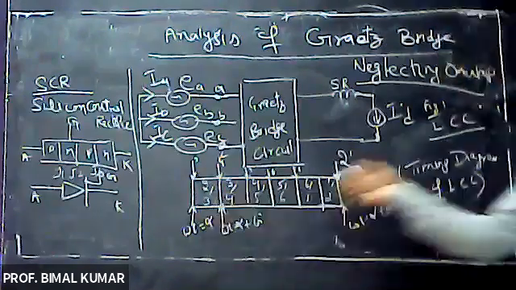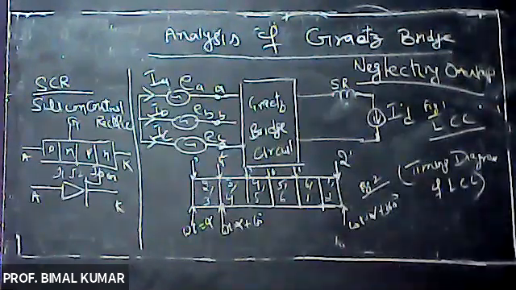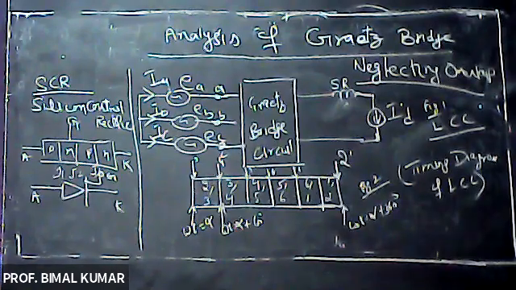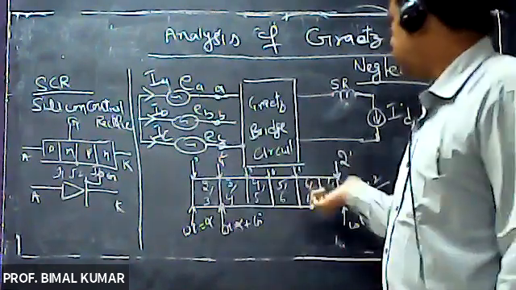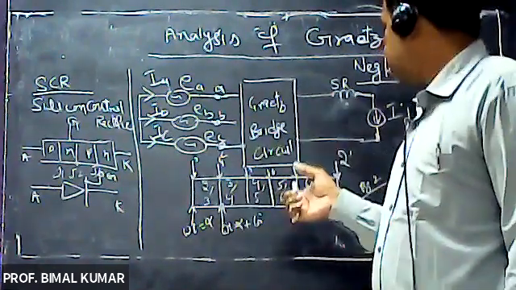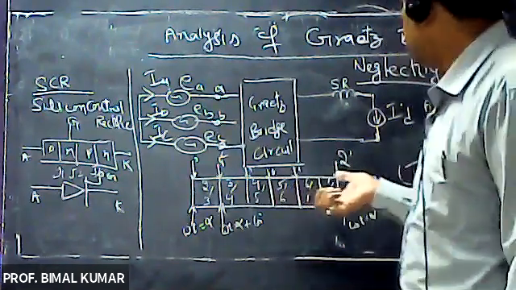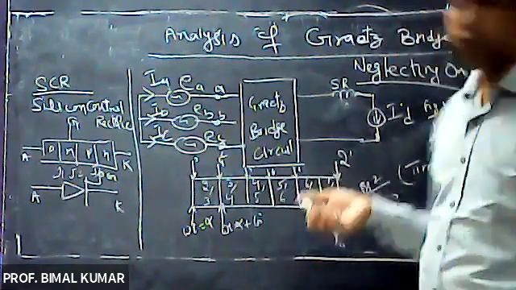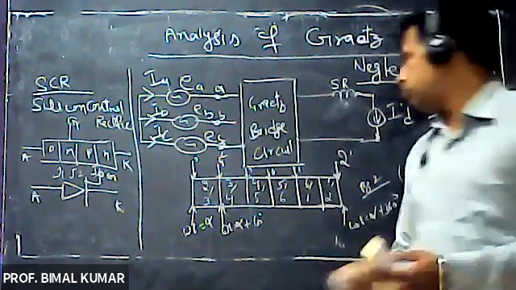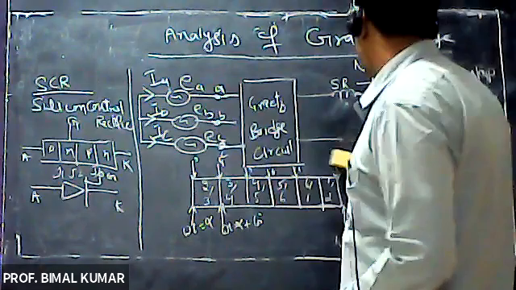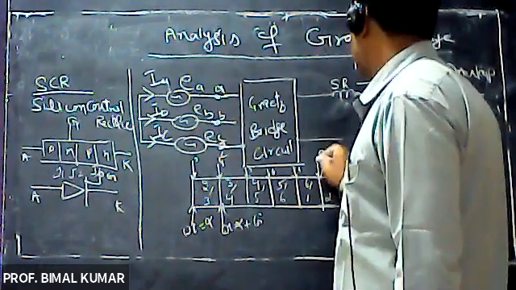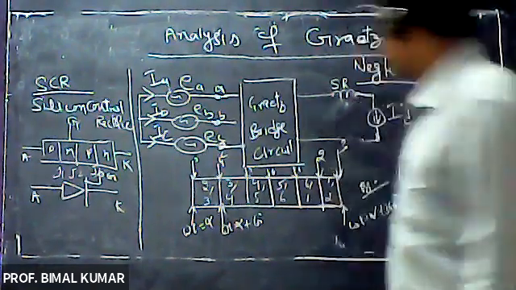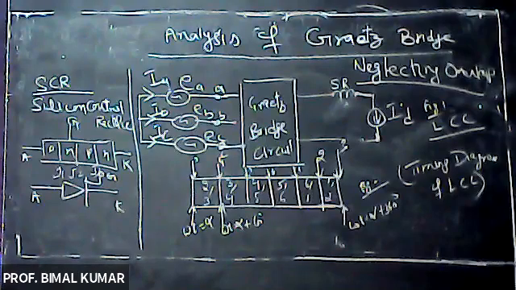One complete cycle consists of 360°, and this 360° will be divided into 6 parts, each consisting of 60°, right?